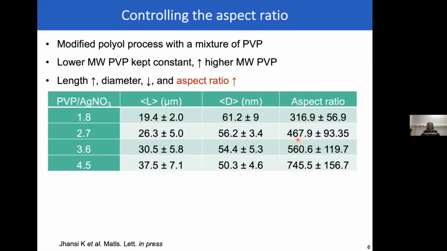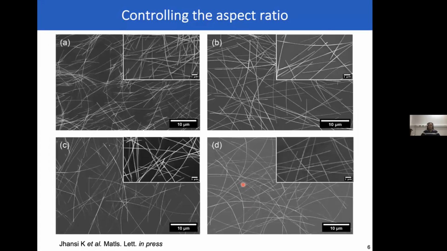So one technique that we found is that just by varying the mixture, keeping everything else constant, we can play around with the length and the diameter. These are just some scanning electron microscopy (SEM) images showing the various wires, and these are slightly higher resolution images of these.